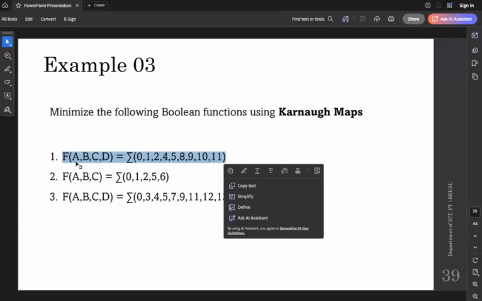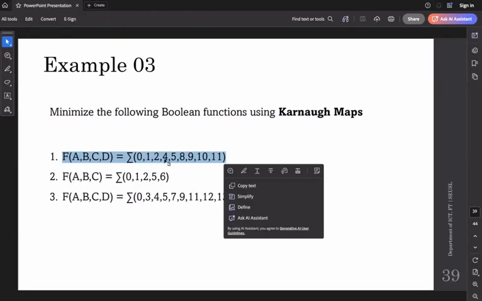If you have 4 variables, how many possible combinations are there? 16.